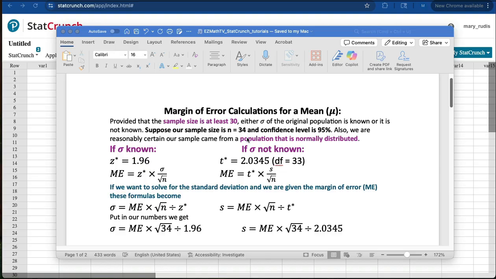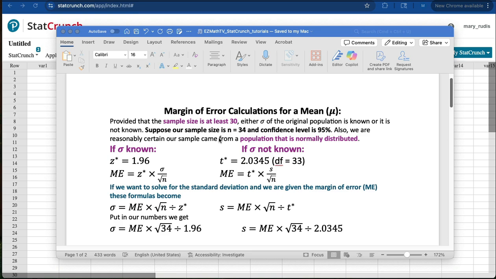Anyway, just to put a cap on that discussion, we started with a sample size of at least 30, okay? So you wouldn't even be having this conversation if the sample size was less than 30. We would go straight to the T distribution. There would be no choice in the matter.